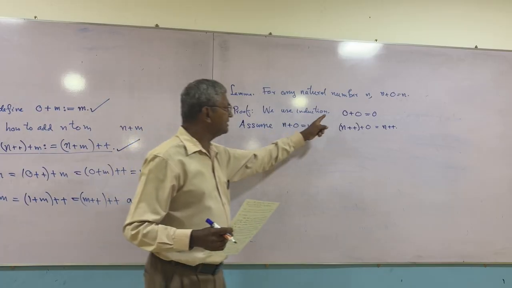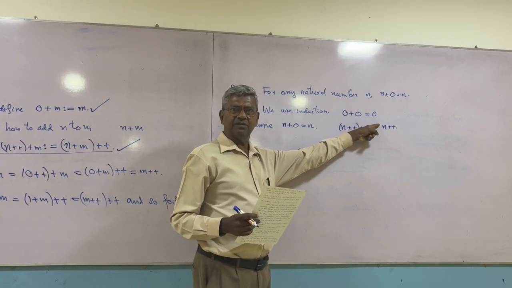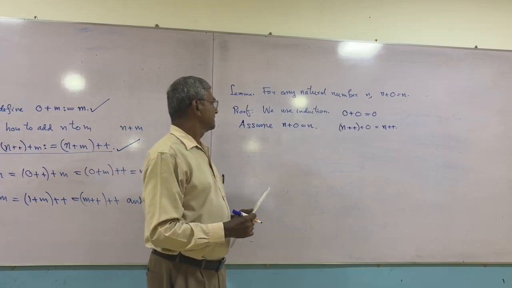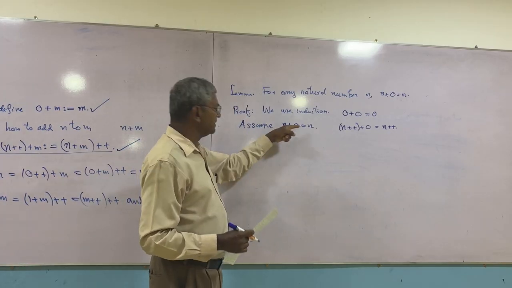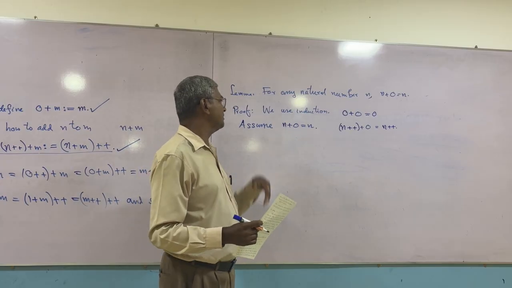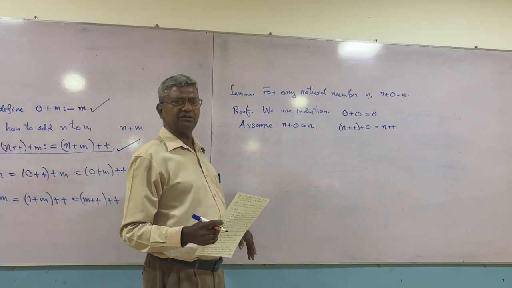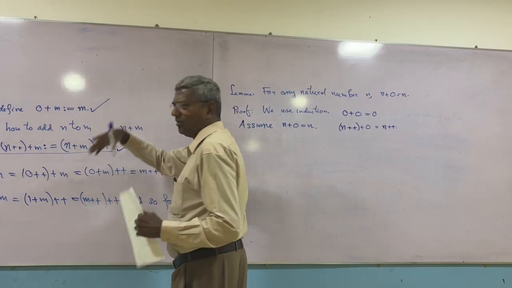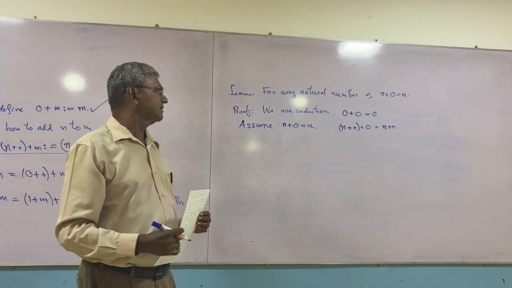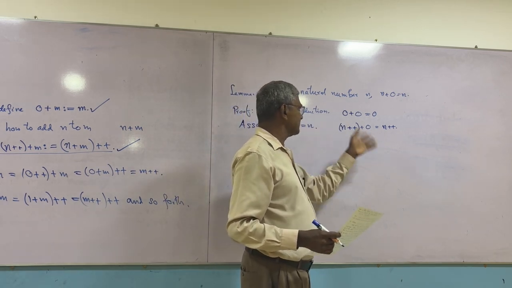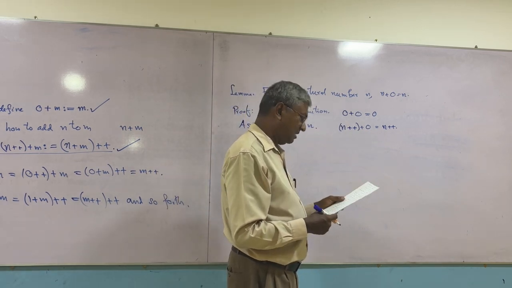I have proved 0 plus 0 is equal to 0 using this one. Now I am assuming n is a natural number such that n plus 0 is equal to n. I want to use these two or other things that I have done earlier. I want to prove n plus plus 0 is equal to n plus plus.